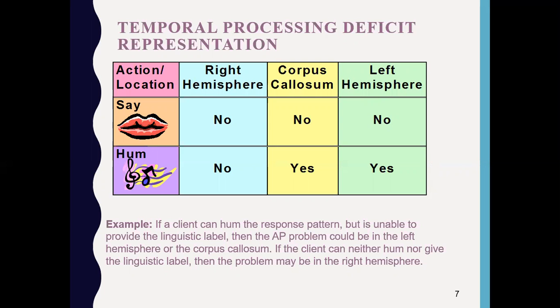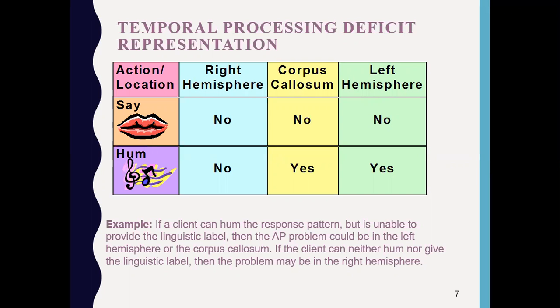What could be the problem is the right hemisphere's ability to detect that pitch change. It could also be the problem of the corpus callosum, of the information having to go across that to get to the left hemisphere. And it could also be a left hemisphere language problem in assigning the label to verbally respond. So typically you will always start with a verbal response.